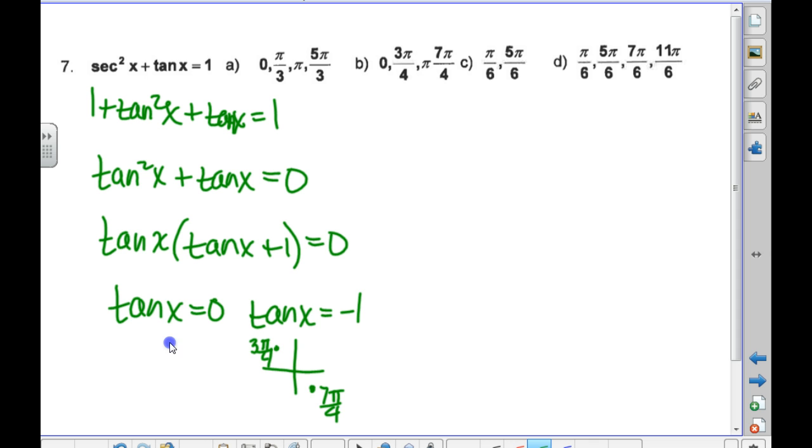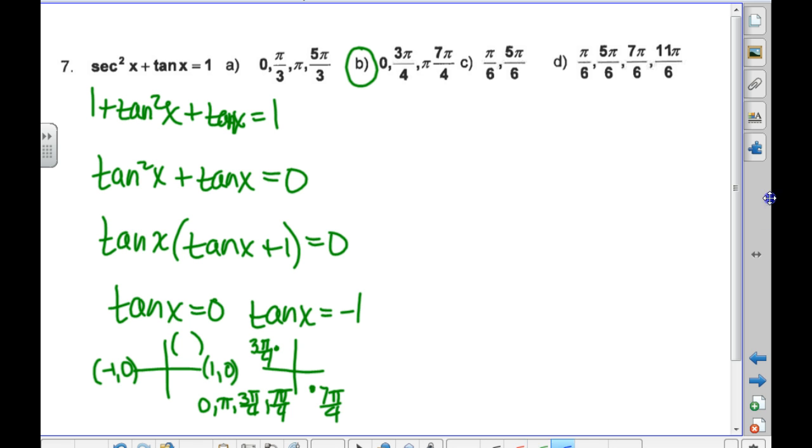And the tangent is 0 on our unit circle when y is 0. So out here at 1, 0, y over x would be 0, or over here at -1, 0, the tangent would be 0. So I'm thinking it's 0, pi, 3 pi over 4, and 7 pi over 4, which looks to me like choice B.